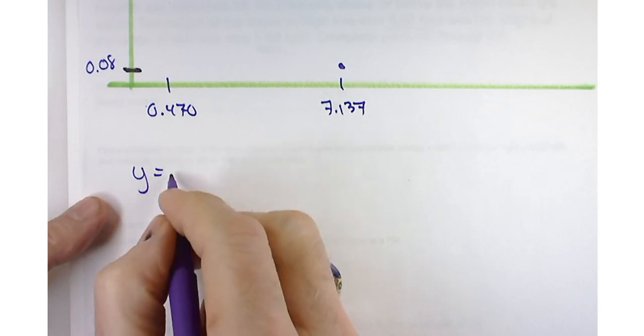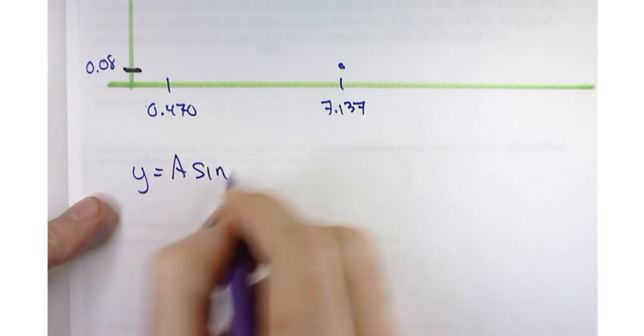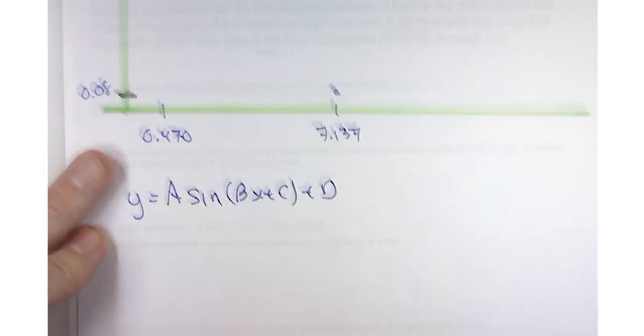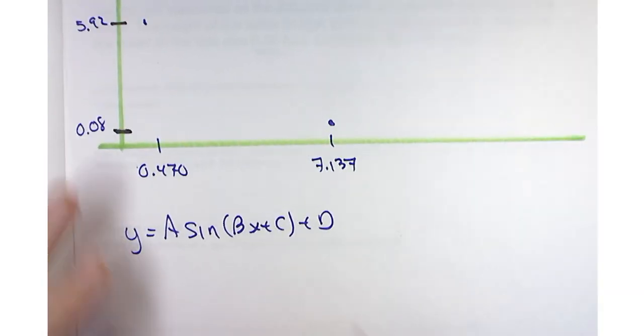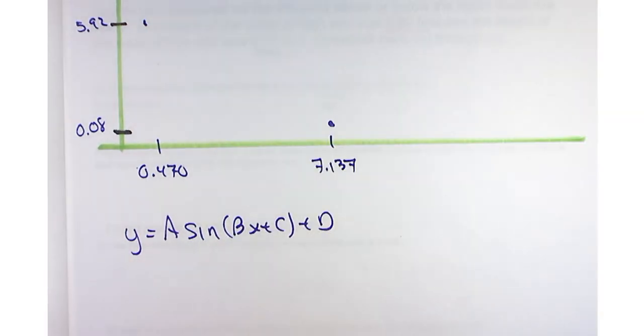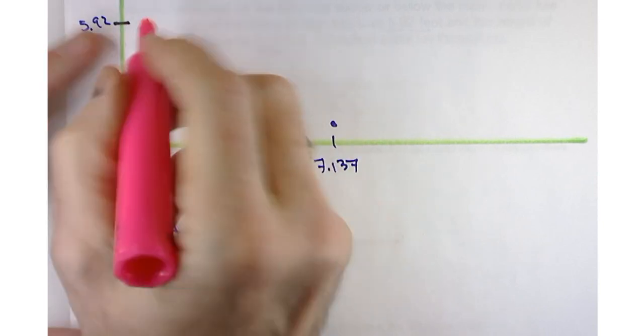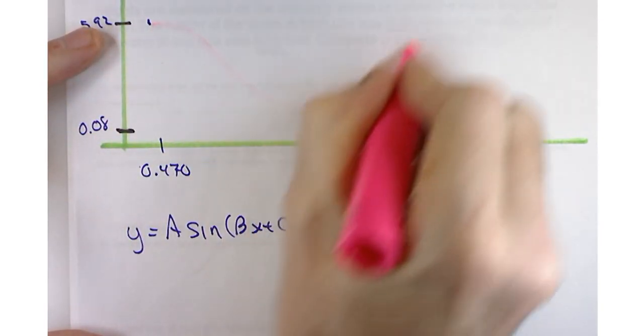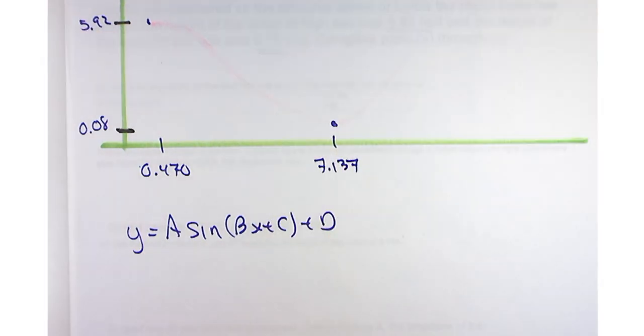Y equals A sine(bx plus c) plus d. So A is going to be the amplitude, and our curve has to look something kind of like this.